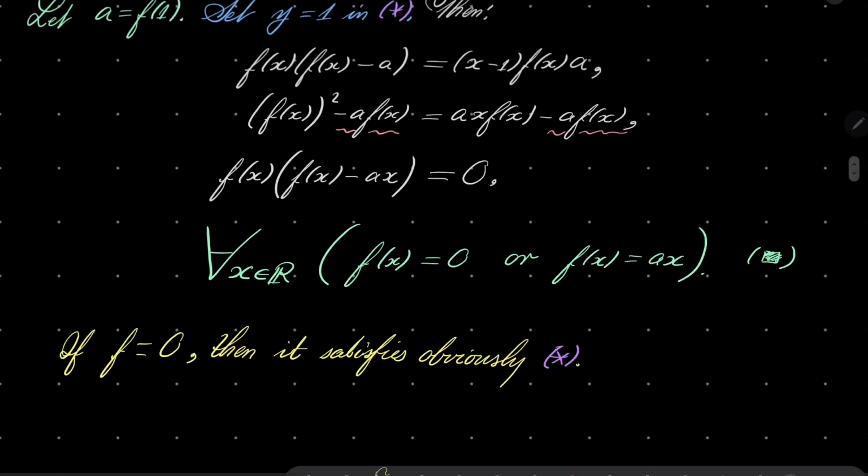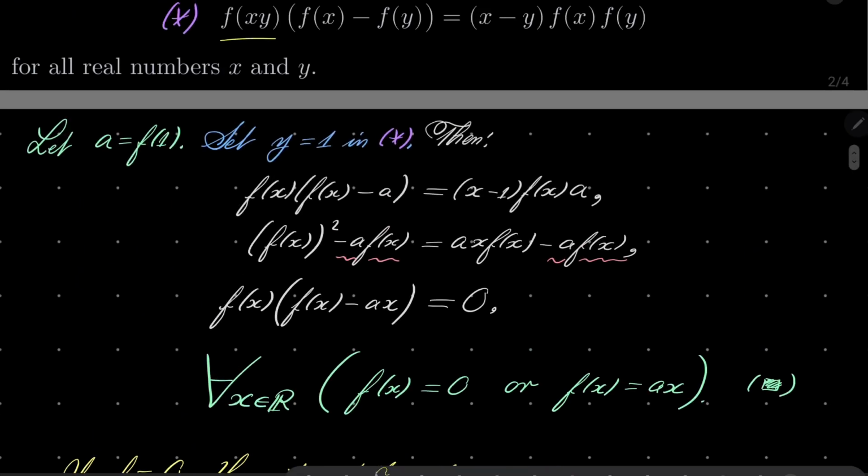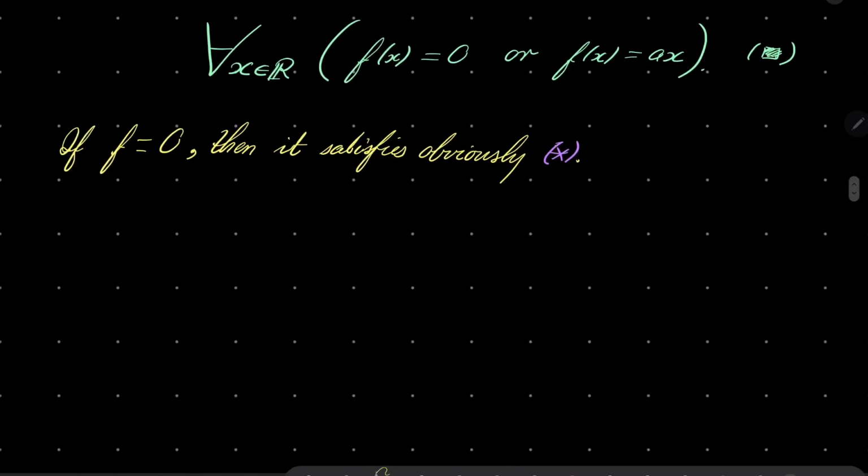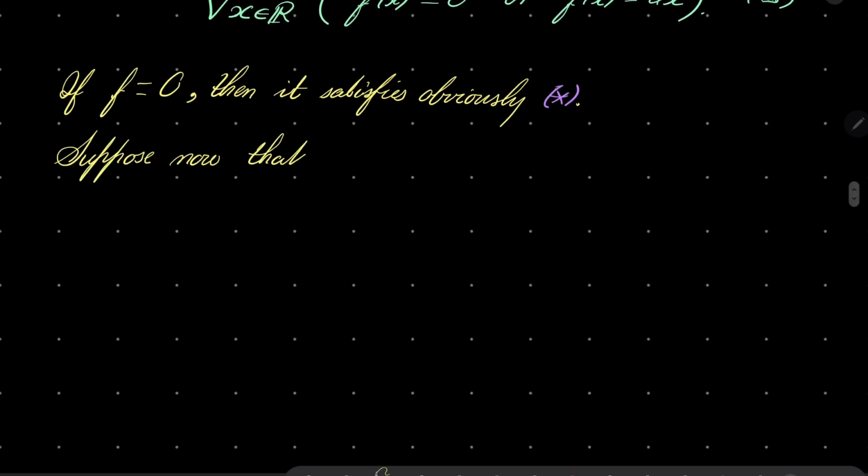Yes, let's go back. For example, 0 equals 0, no problem there. So now suppose that f of x is not 0 for some real number x.